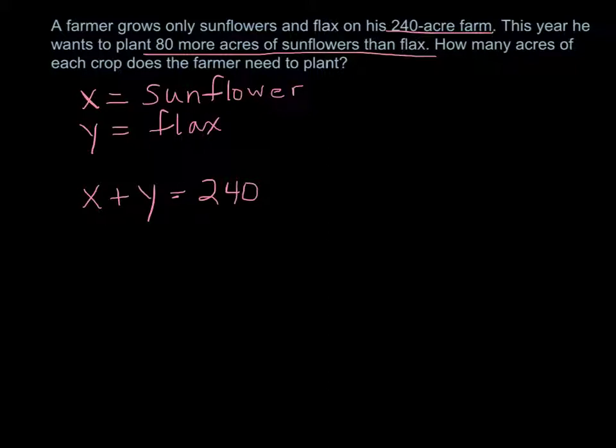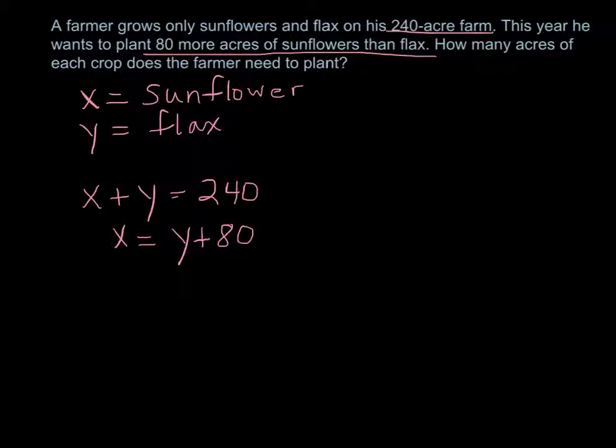So his sunflowers, oops, we're not using S because I can't use S's. His sunflowers are going to be his flax plus 80, because we want his sunflowers to be 80 more than his flax. Here's his flax plus 80 will equal his sunflowers.